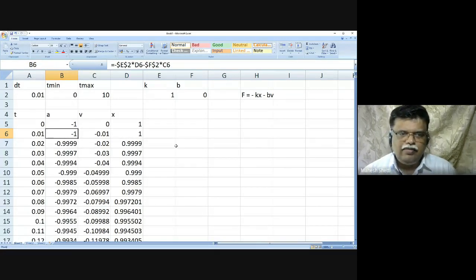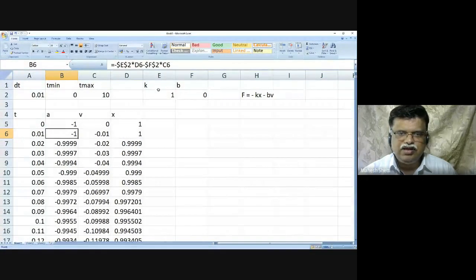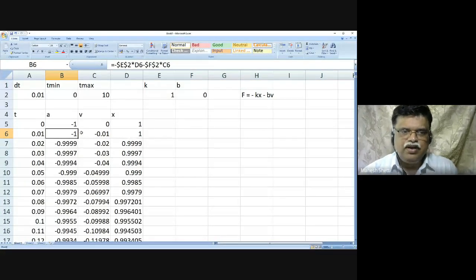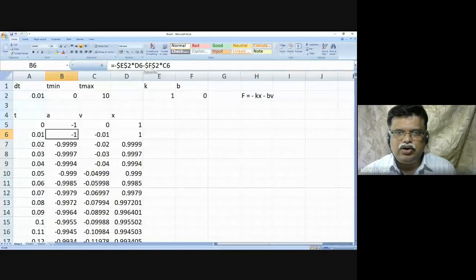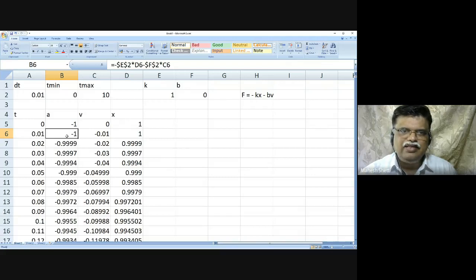So I'm writing here minus $E$2, which is nothing but the k value, multiplied by D6, which is the x value, so minus kx. The second term is minus $F$2, which is the b value, right now it is 0, multiplied by C6, which is the velocity. Is it fine? So acceleration I'm calculating as minus kx minus bv.